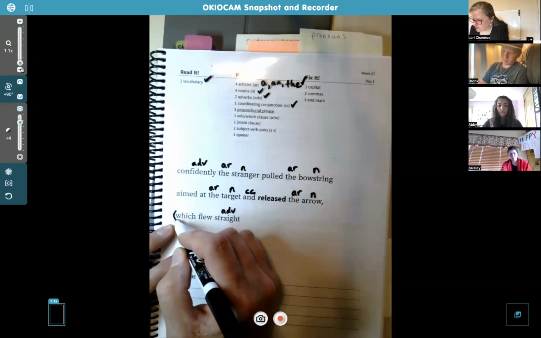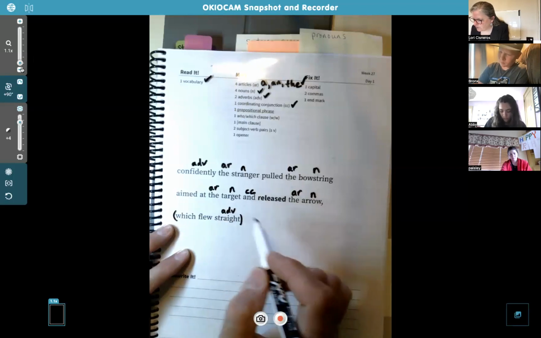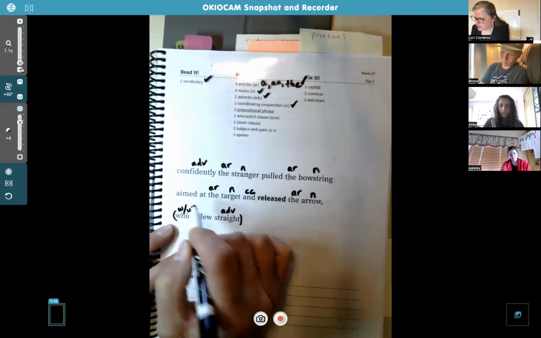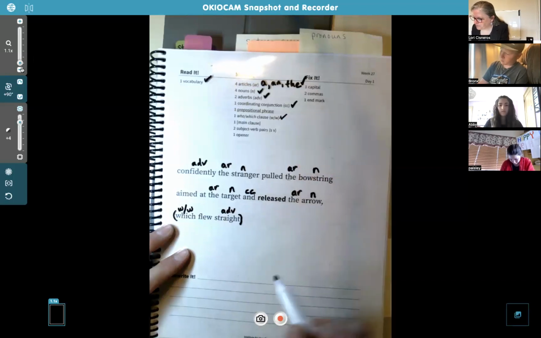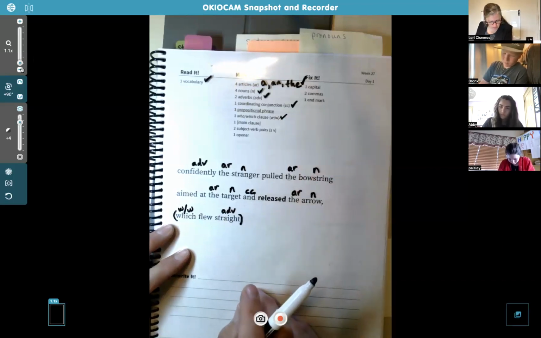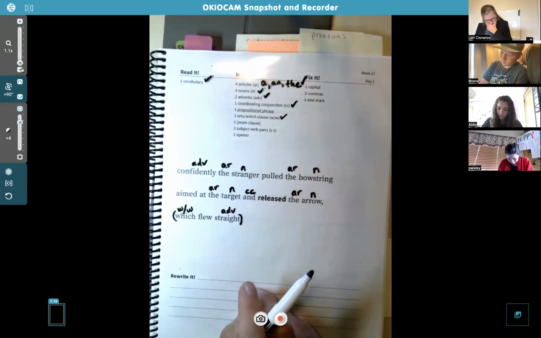Yeah, your internet is a little glitchy right there, but I think you said "which flew straight," which is correct. So put parentheses around that. Main clause, Bronx. Confidently and arrow.